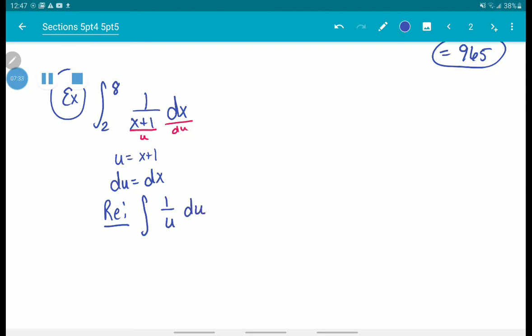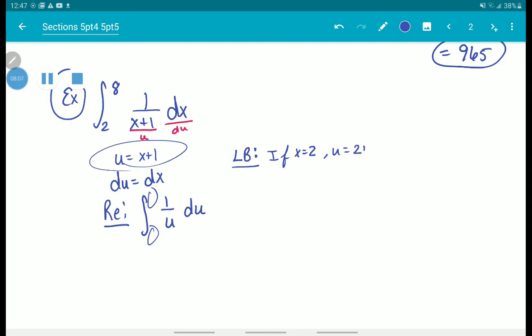Okay, now I either have to stay in the world of x's or I have to switch to the world of u's. I'm going to the world of u's because u is much easier to deal with. That means that these numbers are going to change. These numbers are in the world of x. I need to know what they are in the world of u. So let's figure out our lower bound. We said that x was 2 in the world of x. u is going to be x plus 1.